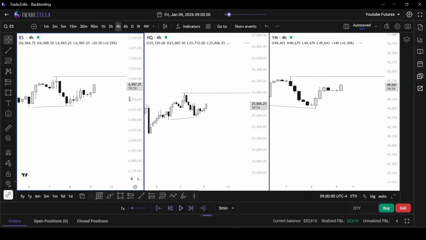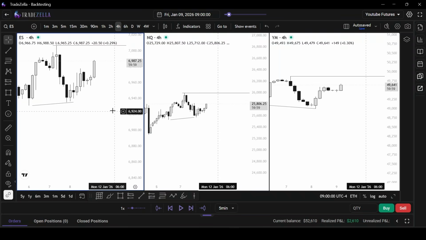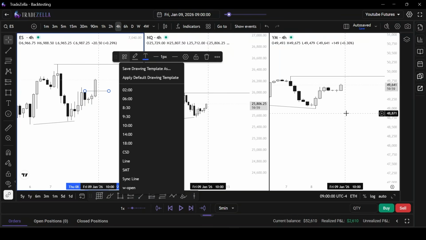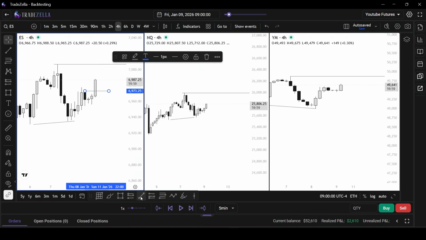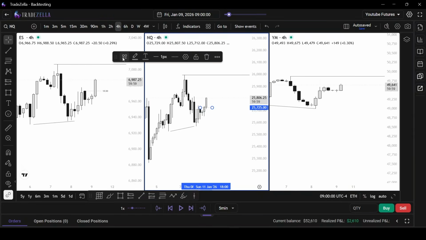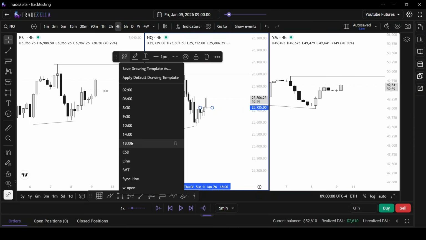Dropping down to the 4-hour time frame to profile the daily candle. We'll look at the daily open. We have it here, 1800.